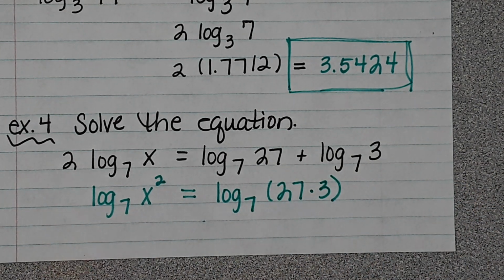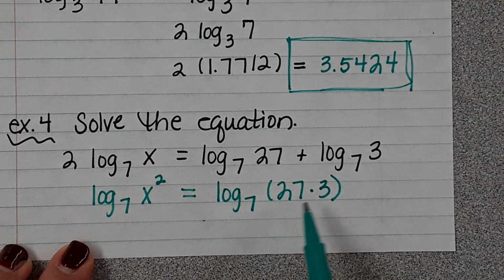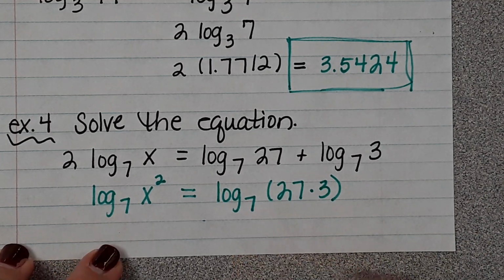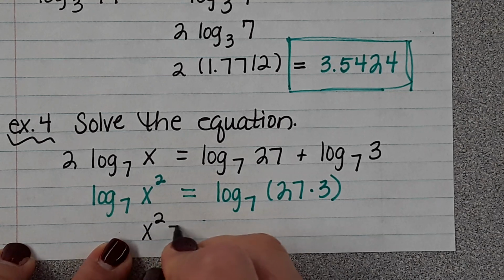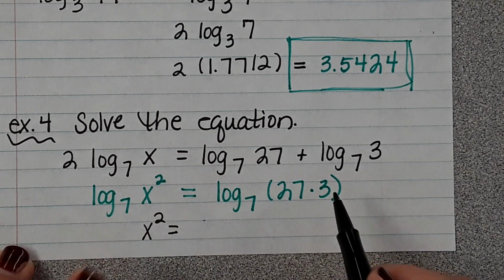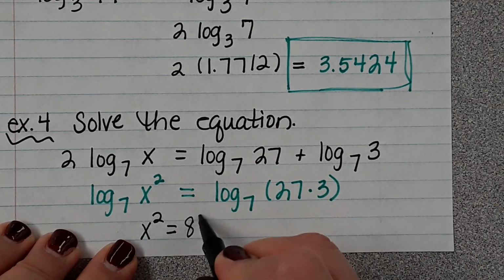Now, this looks like what we did last section: log base 7 of something, log base 7 of something. So we can drop the logs and set them equal to each other. And we have x squared equals, well, what is 27 times 3? It is 81.